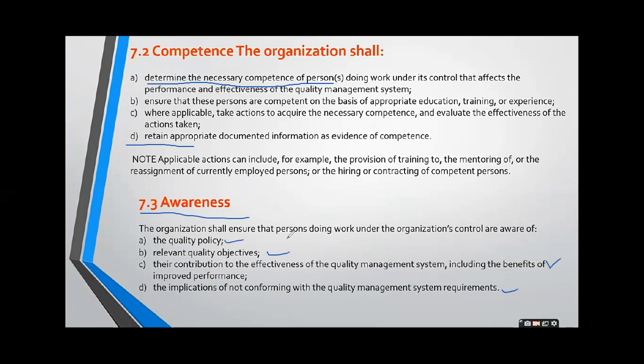So, the quality policy, the first part, part A, is to ensure that everyone understands the organization's overall quality goals and commitment. Moving on to the next one, the relevant quality objectives, is to inform the personnel about the specific targets that are set for achieving the quality policy.